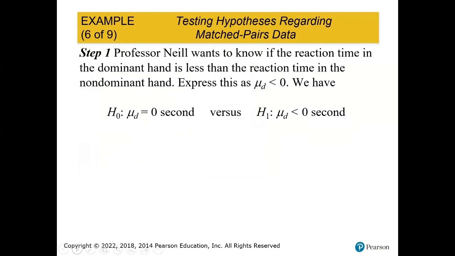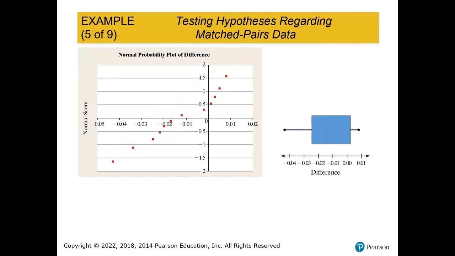It's just a process of double checking, hey, can we run the test? Yes, we can run the test. So we want to test the mean difference is 0, which would mean they're the same reaction time, versus the mean difference less than 0. And if you ever get stuck figuring out how to do that, you go back here.